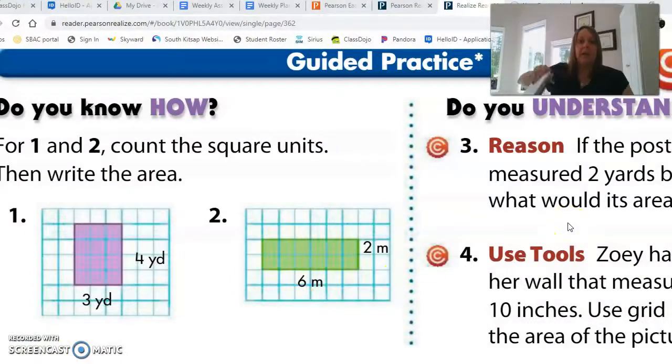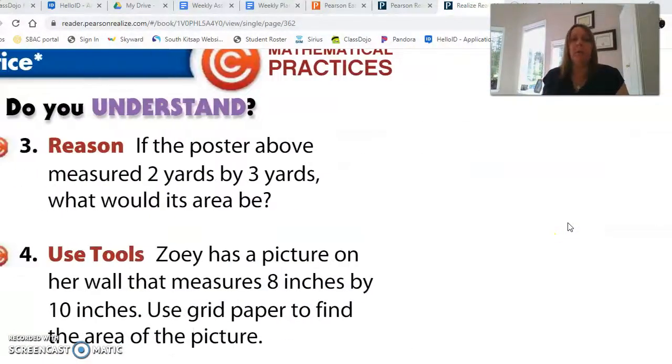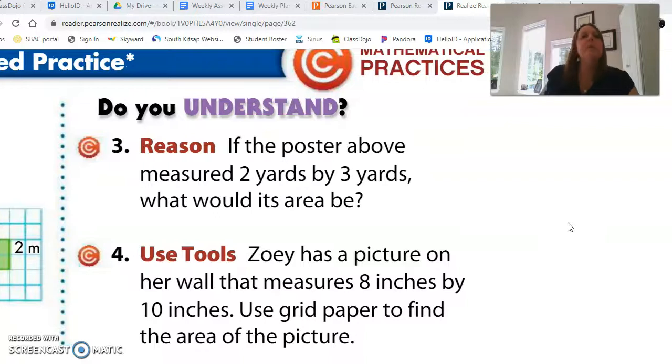Number 3, if the poster above measured 2 yards by 3 yards, okay, number 3. So what that's saying is the area would be length times width. So if it measured 2 yards times 3 yards, remember how we used to use that word by, 2 by 3?